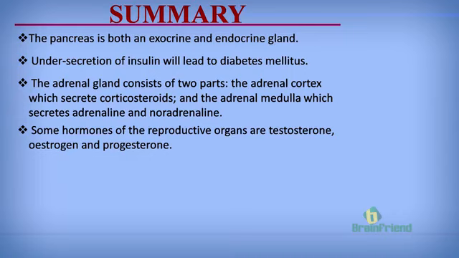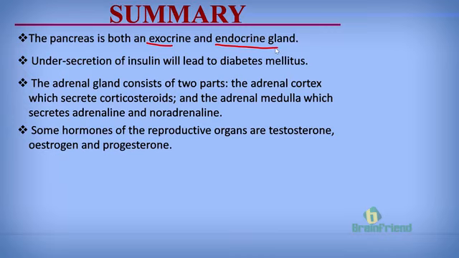Okay, we have come to the end of today's class, but before we end the class, we have to take our summary. We said the pancreas is both an exocrine gland as well as an endocrine gland. It secretes different types of hormones, which include insulin and glucagon.